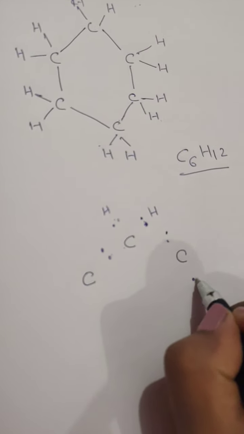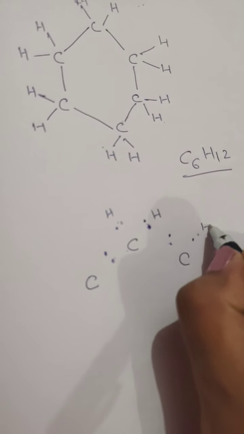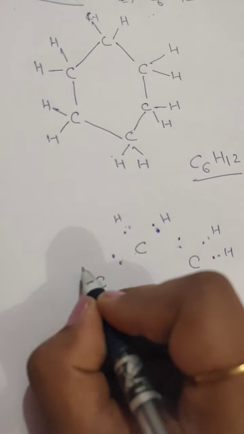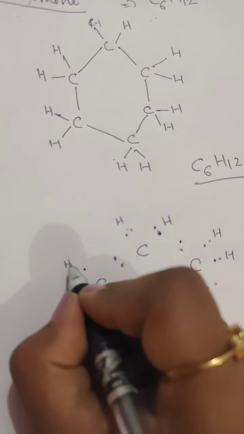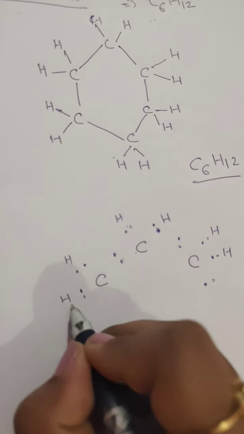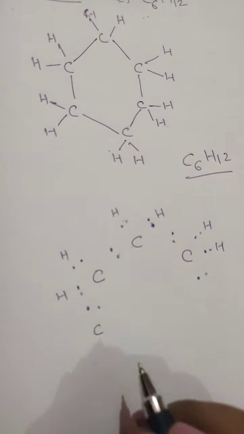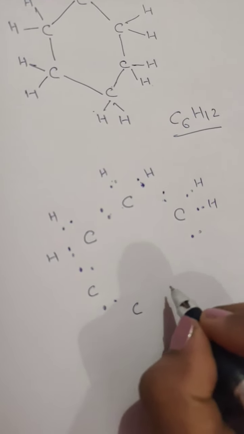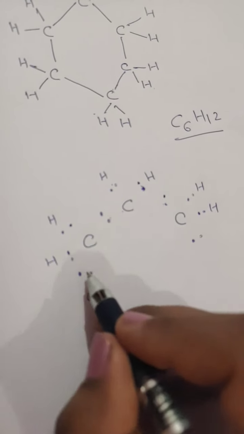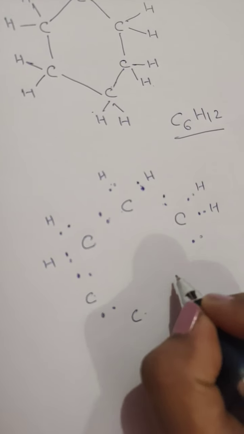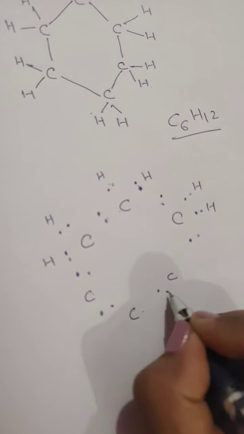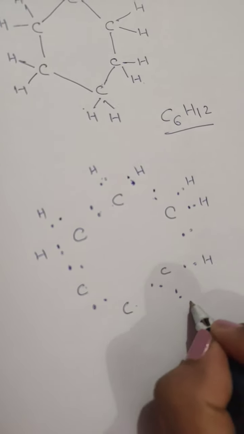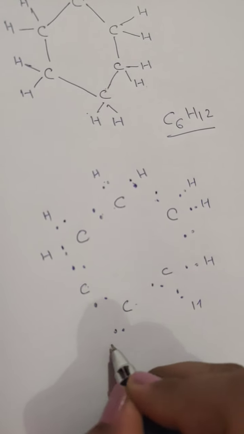This again will be having 8 electrons, so hydrogen and hydrogen. Likewise here also, and here also. See again here, and it will also be sharing electrons, and then 1, 2, 3, 4, 5 and 6 here.